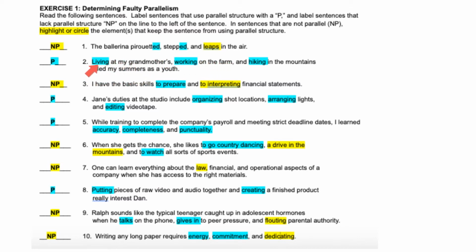These things that were of equal rank, living at my grandmother's, working on the farm, and hiking in the mountains, are worded in the same grammatical form. Certainly the words are not going to be the same, but the phrasing or the form of the word is going to be the same.